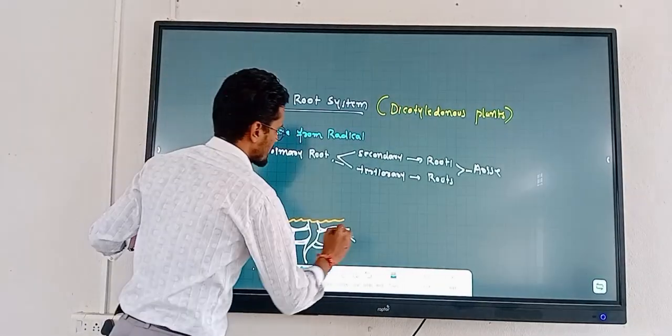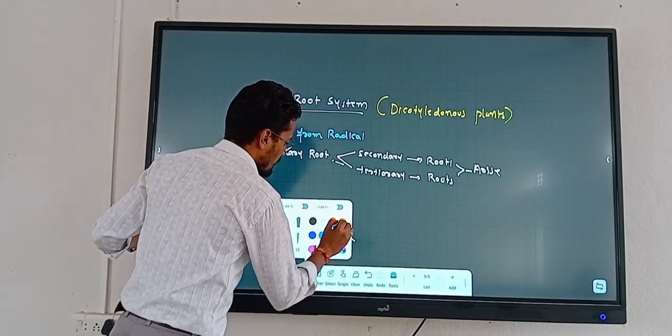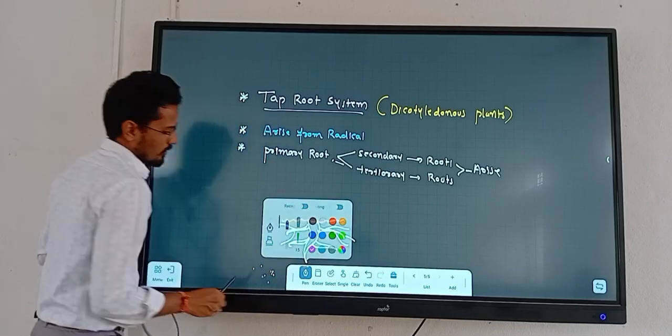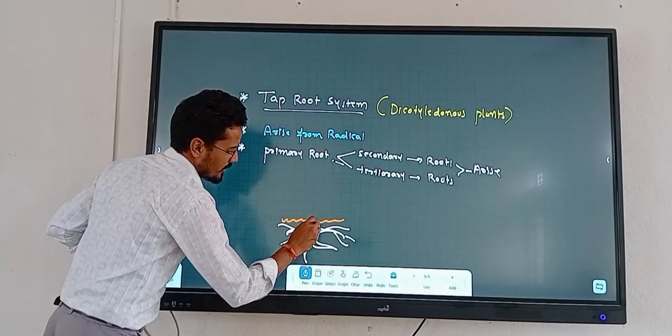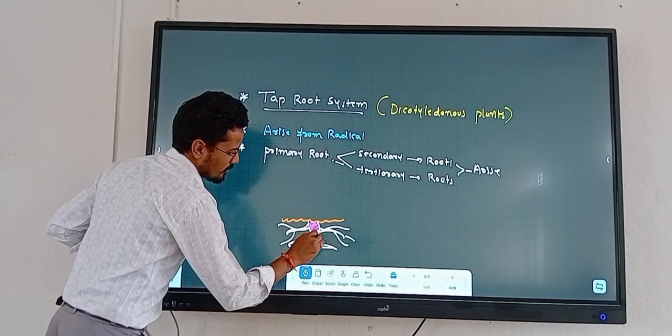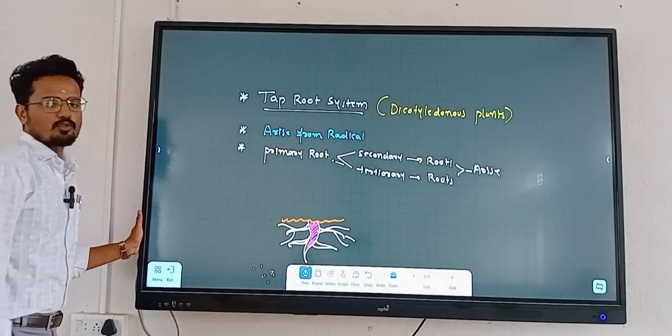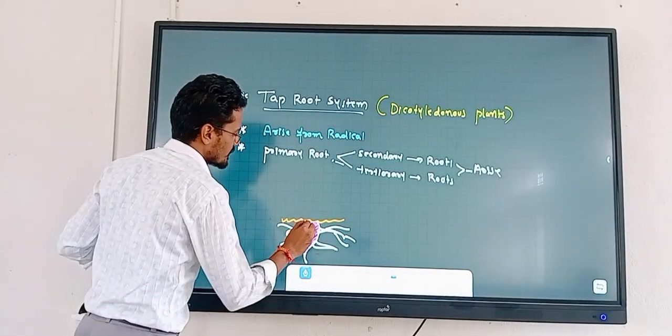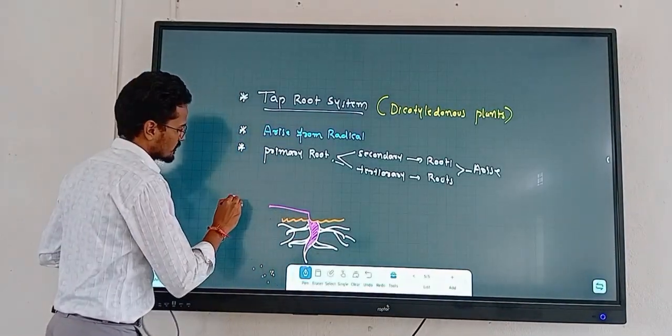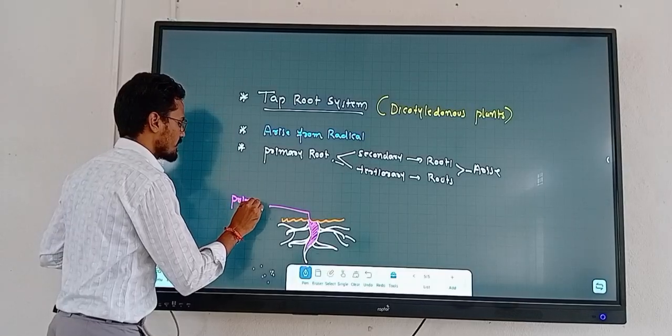The main portion, the somewhat larger portion of this root system, is called the primary root.